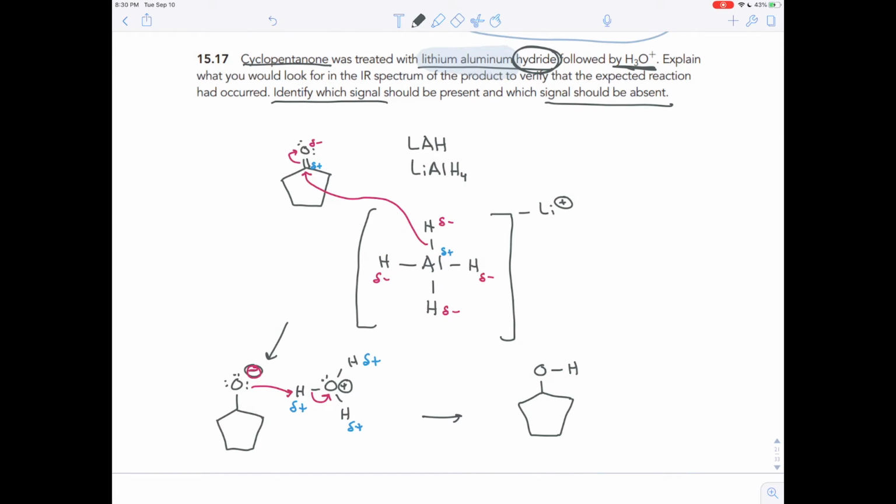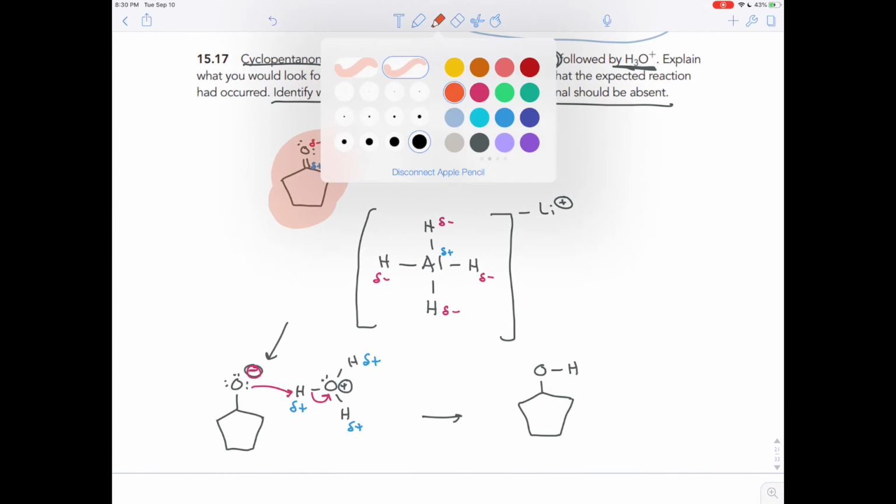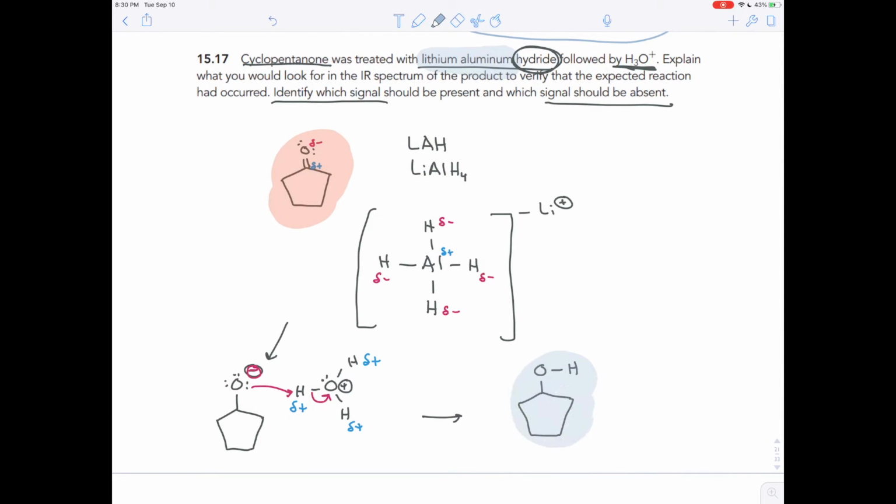That's what that is. All right, I'm going to erase the curved arrows in our original structure because now that we know what we're going to get, we want to compare our original structure in the orange here with our product structure in the blue. And how can we use IR spectroscopy to figure out whether our reactant turned into our product?